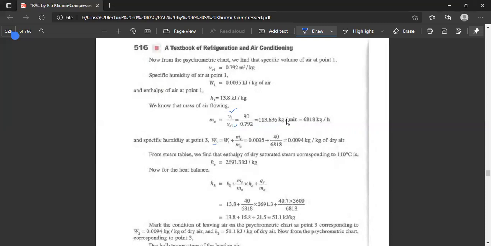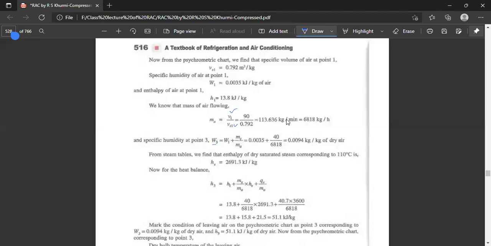From the steam table, we know the dry saturated steam corresponding to 100 degrees centigrade has a heat content of 2691.3 kilojoule per kg. From the heat balance, H3 will be H1 plus the ratio of the mass rate of the steam divided by the mass rate of the air, multiplied by the enthalpy of the incoming steam, plus QS, the amount of heat, divided by the amount of air.